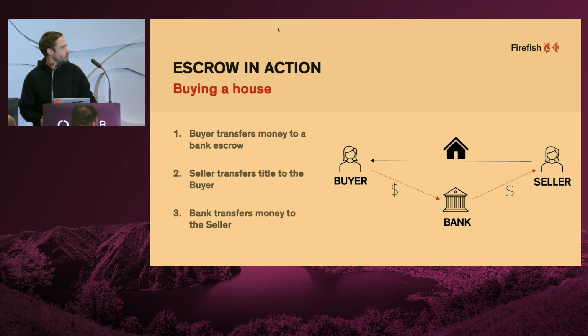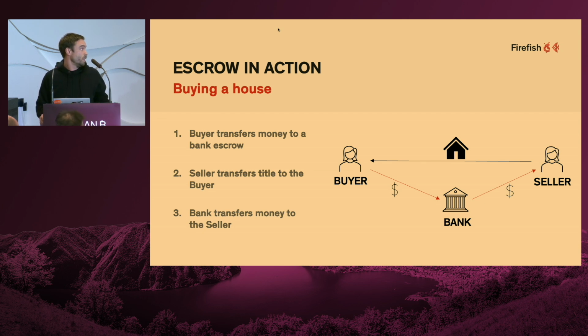Maybe let me show you an example. Imagine you are buying a house. In this scenario, you could theoretically transfer the money to the seller, but what if they don't hold up their end of the transaction? And usually, what we do in traditional finance, we use somebody like an escrow agent. So the flow would work as follows. You would transfer money to the bank, which holds the funds until the property title is transferred to you, and only after that releases the funds.